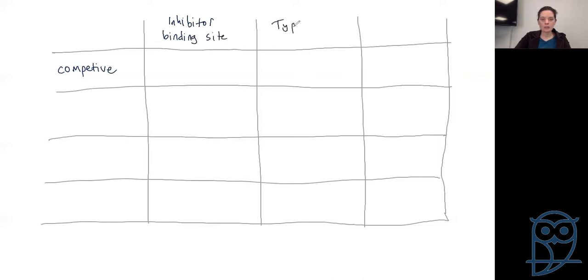The type of bond and the reversibility. So the permanence of this. Okay, so competitive, and then we actually have all our variation in the non-competitive.